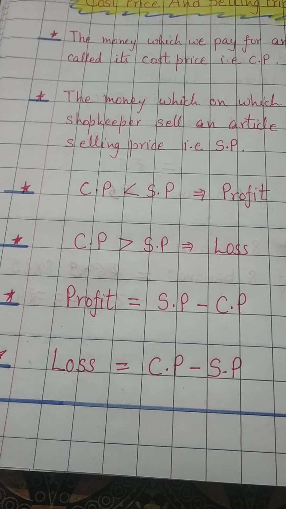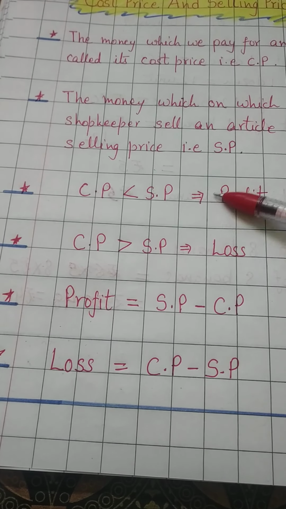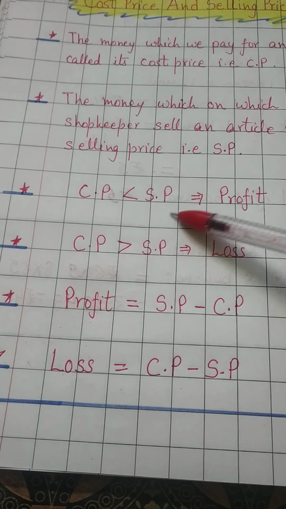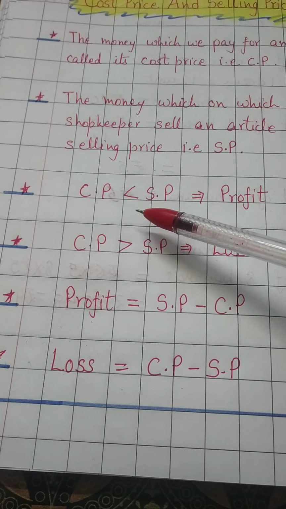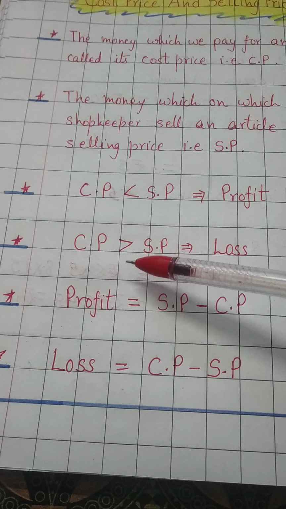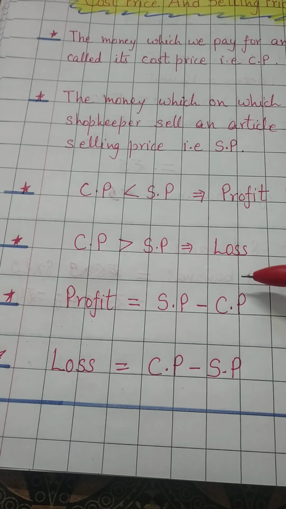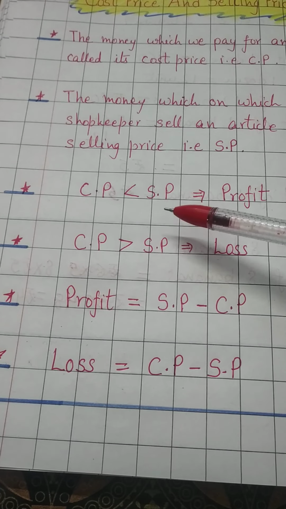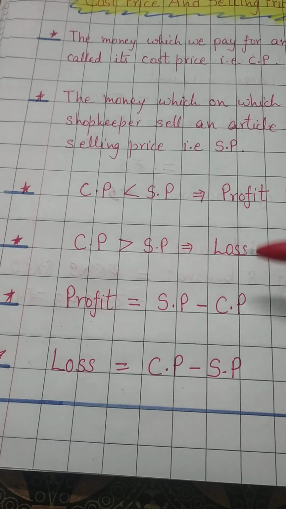Selling price greater than cost price is profit, and selling price less than cost price is loss. In some books these can be written in reverse order, but you have to think in your mind. Don't be confused. Think practically and then go for it.